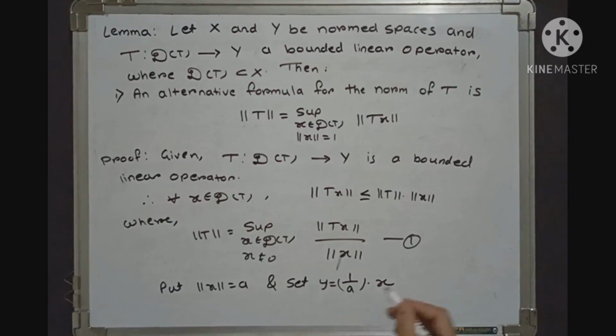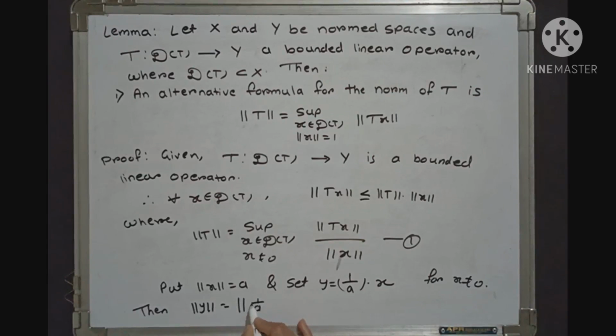Then for x not equal to 0, the norm of y equals, putting the value of y, the norm of 1 by a times x. Now 1 by a is a scalar, and therefore the norm of 1 by a times x equals 1 by a times the norm of x.